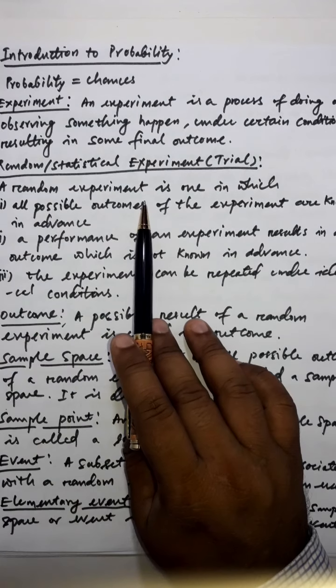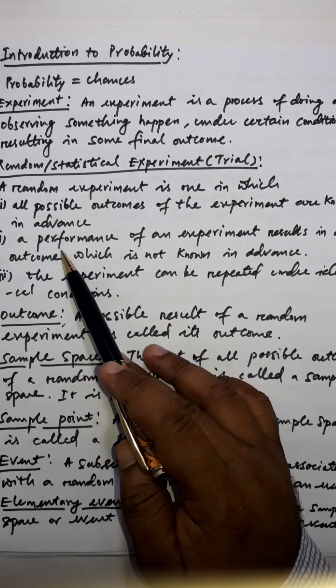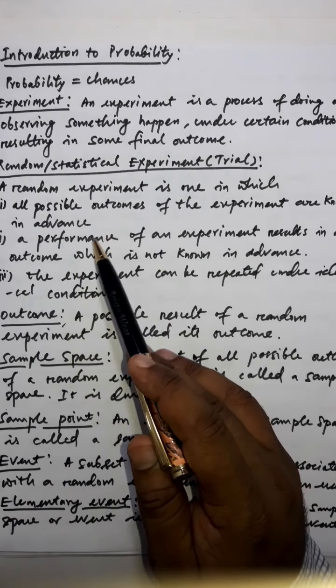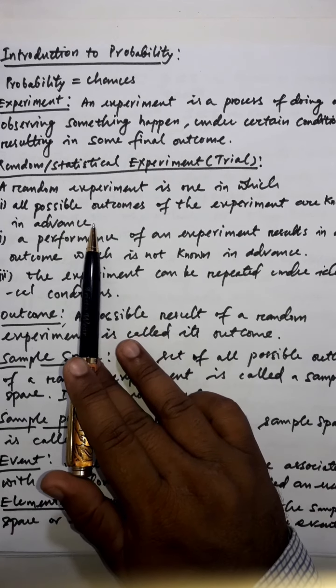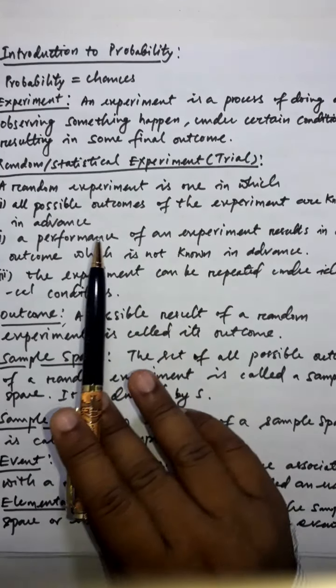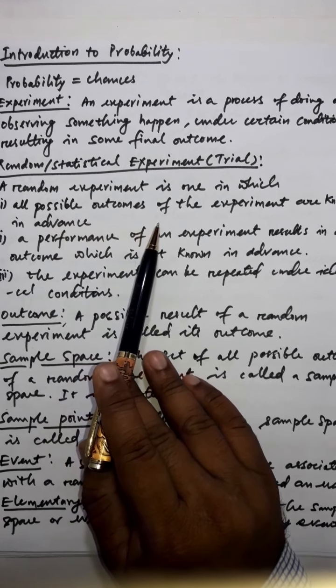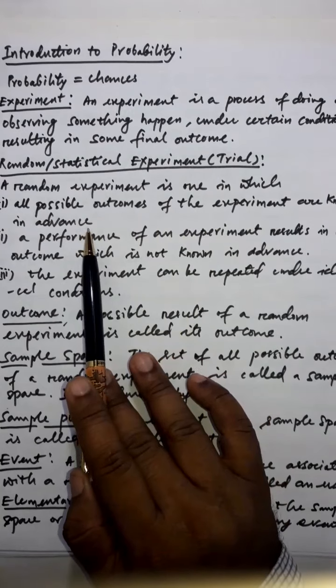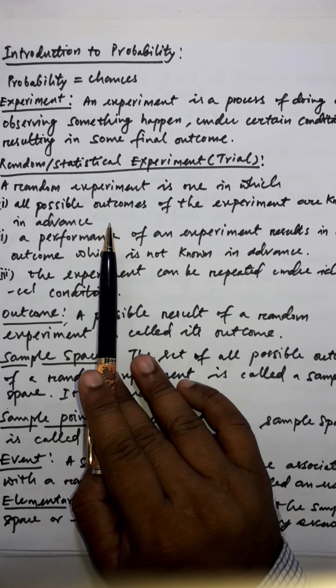A random experiment is one which satisfies these three conditions together. And what are those three conditions? The first condition is that all possible outcomes of the experiment are known in advance. We should know all possible outcomes of that experiment.